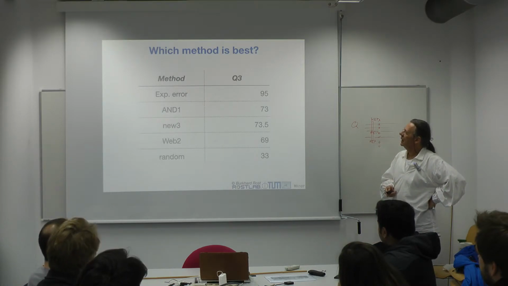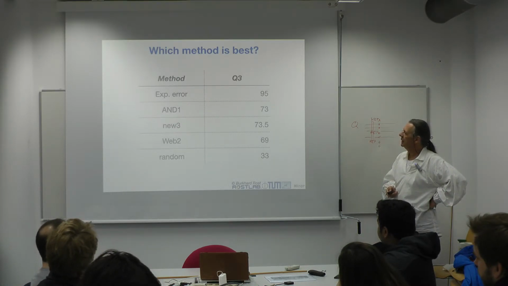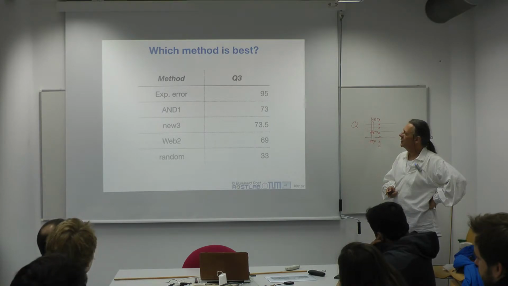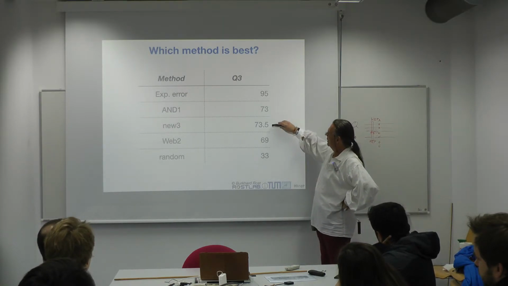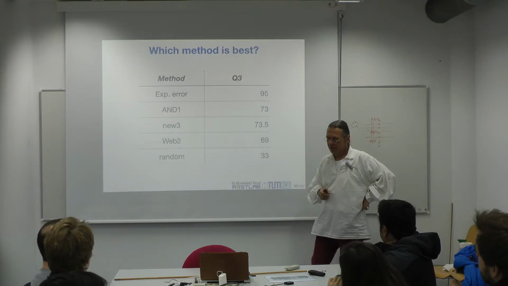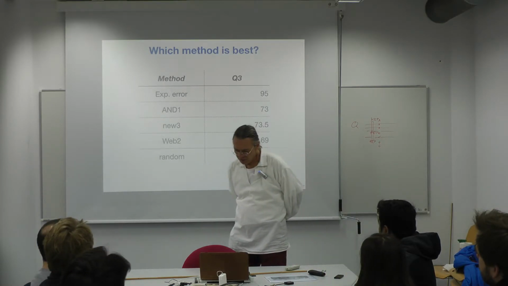So, in this particular case here, the question was which method is best, and the idea here is there is a new method. I don't like my slide because I introduce a new digit.